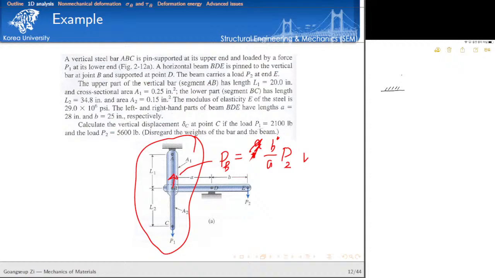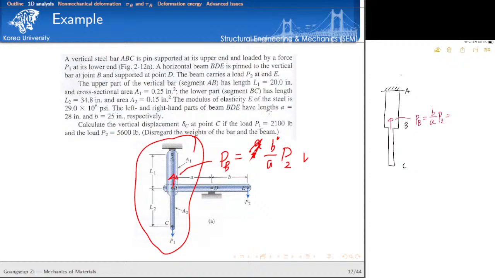Then I have a support as a simplification, and then I have A and B, and here C point, and then I have these members. Okay, so exactly one-dimensional problems. Here we have load PB. So PB is given by B over A and then P2.